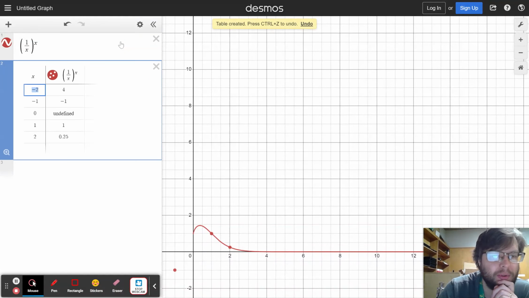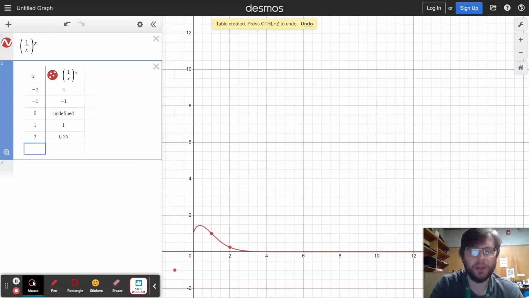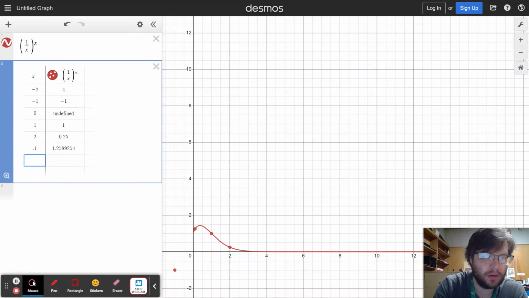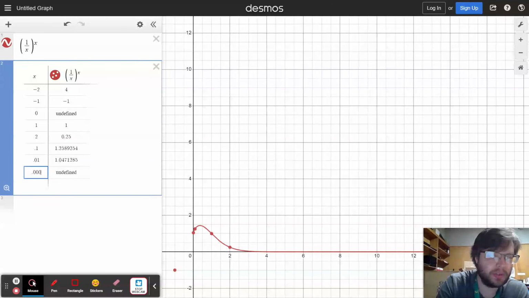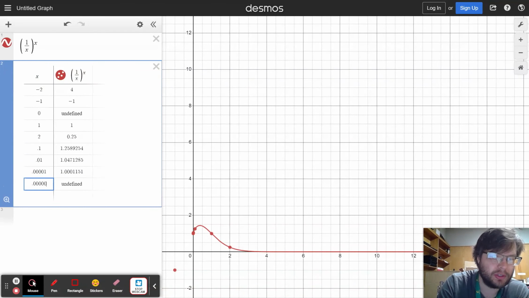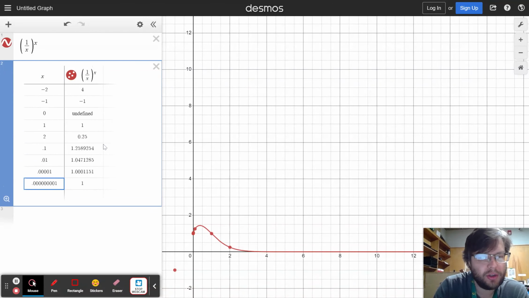If I make a table here, again, we're only going to look at positive numbers. We're going to look at small numbers again: 0.1, 0.01, 0.0001, 0.000001. You'll notice that the smaller my number gets, the closer my y value is to 1.